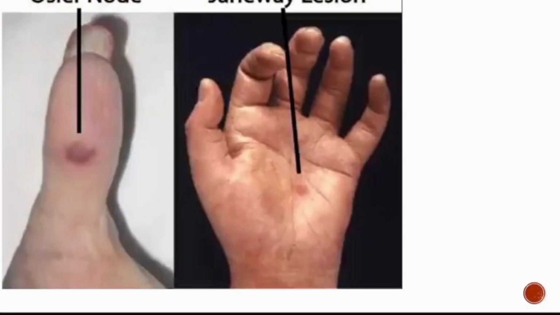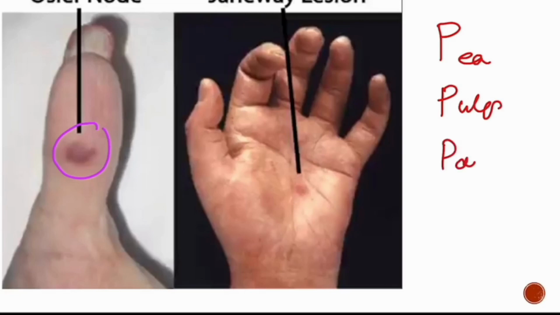Another important finding you should look for is what are called Osler's nodes. Osler's nodes can be remembered by being three P: pea-sized, on the pulp of the finger, and painful. These are the features of Osler's nodes.